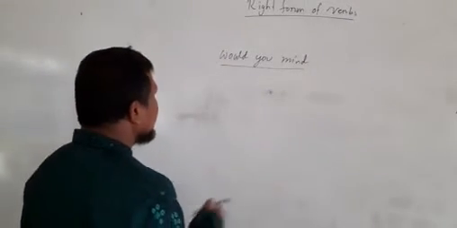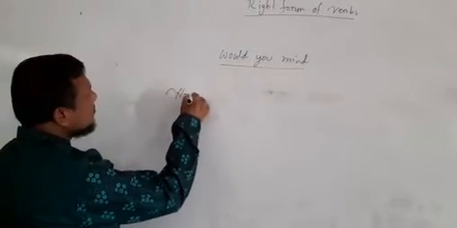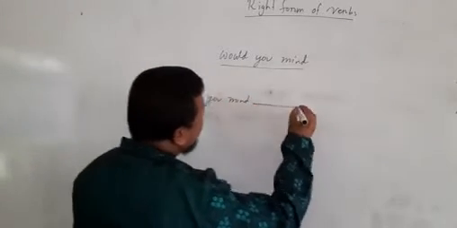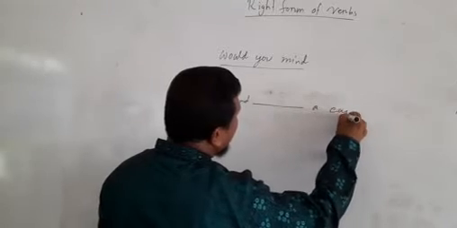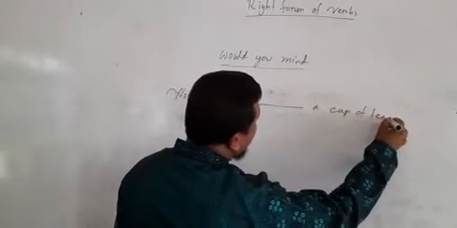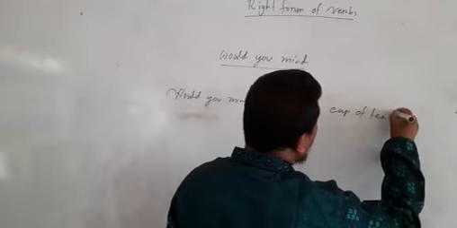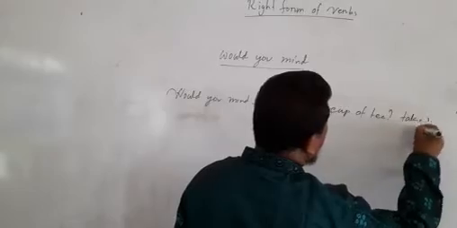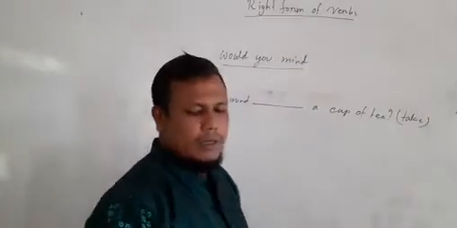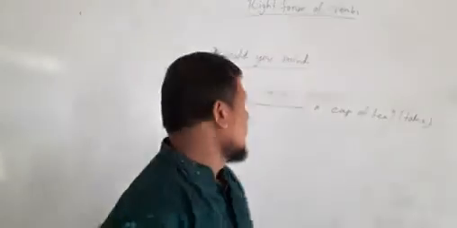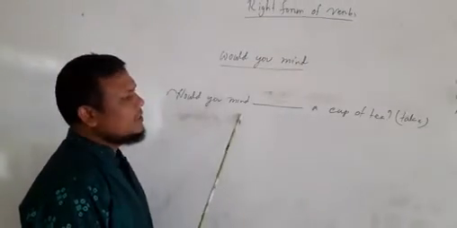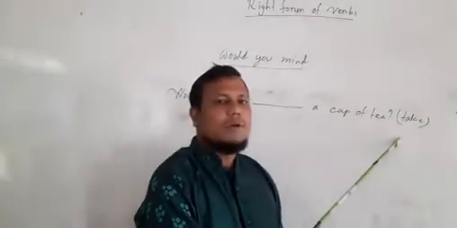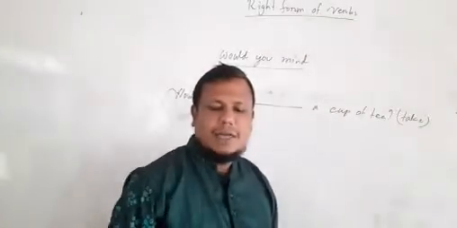For example, would you mind a cup of tea? Take. In this sentence, would you mind always takes the present participle of a verb, or a verb will take ing after it.